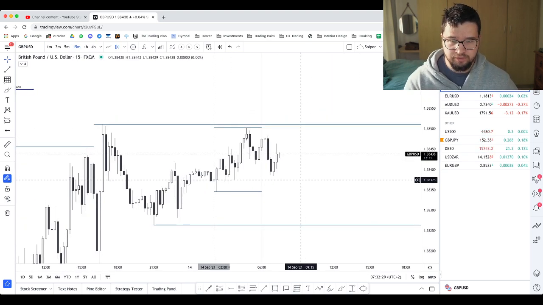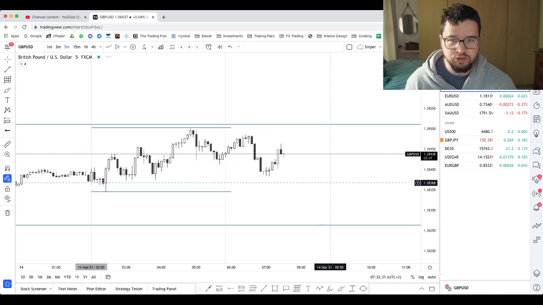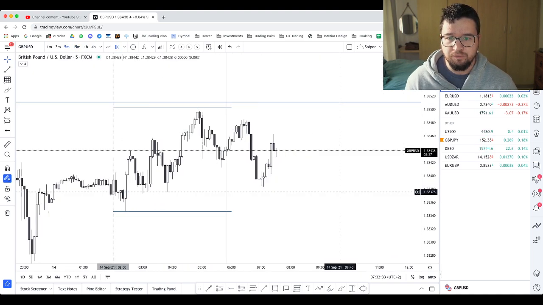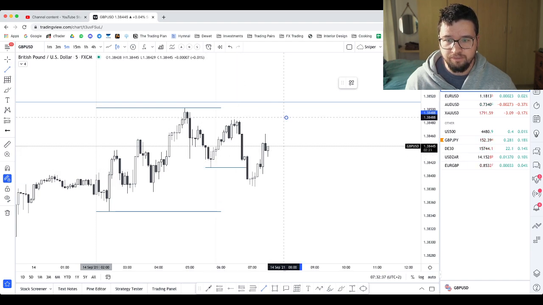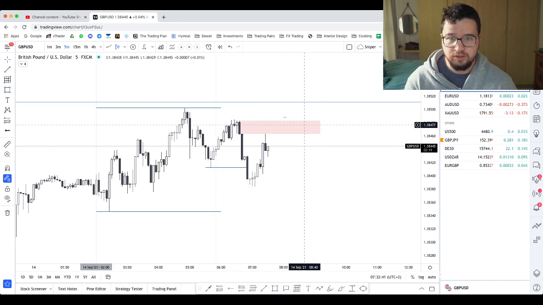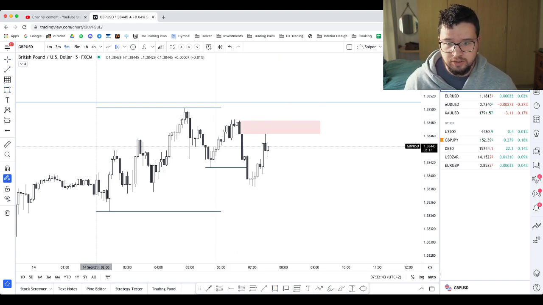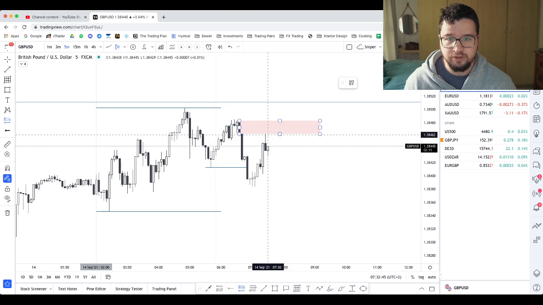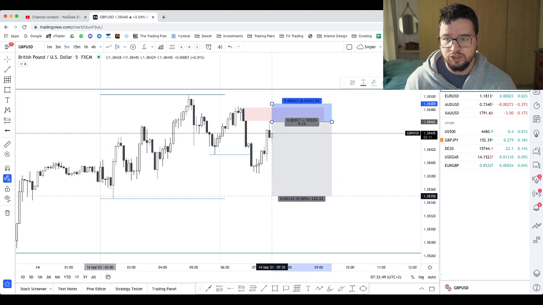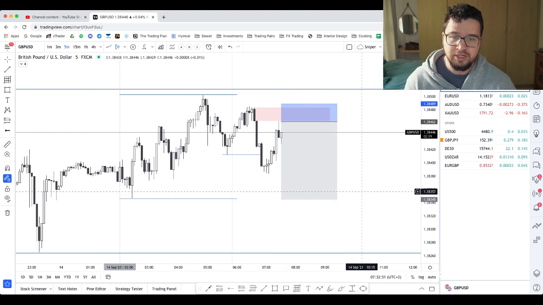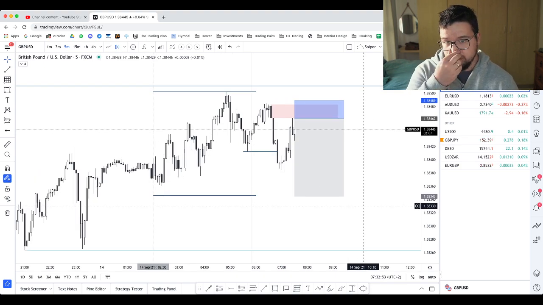Currently, if we're just looking at the 5-minute time frame, I'm not sure if you spotted this as well, but we have this intraday structure break, we have this clean order block over here. So this could potentially be a sell, something like this towards the Asian lows. It's a quick scalp, but that could be something.